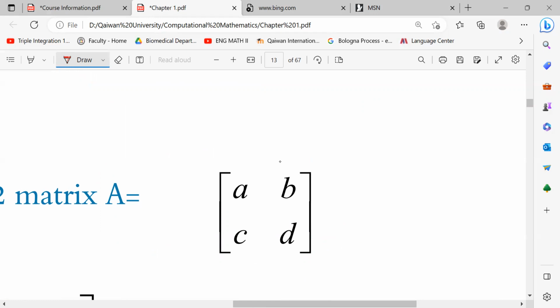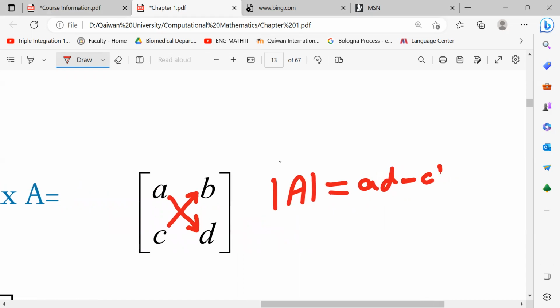To find the determinant of A, which is denoted by A in 2 vertical lines, it is the multiplication of these two, which is AD, minus the multiplication of these two, CB. This is how to find the determinant of a 2 by 2 matrix.